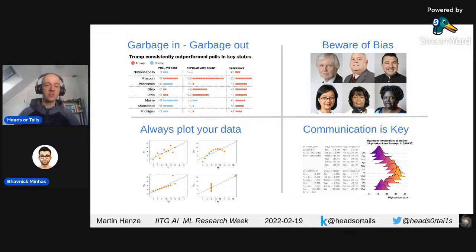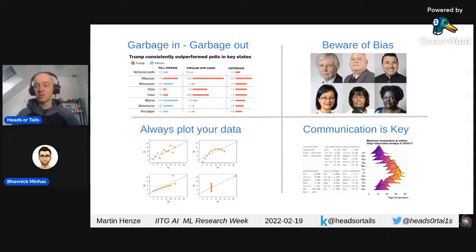Always plot your data. Always look at your data, because that will tell you very quickly if something odd is going on in your data. And odd can be bad, or it can be good. Maybe you found some interesting feature that you want to look closer into, or maybe you found that half of your data is outliers and missing values, and you just need to go back to the drawing board and collect your data better.